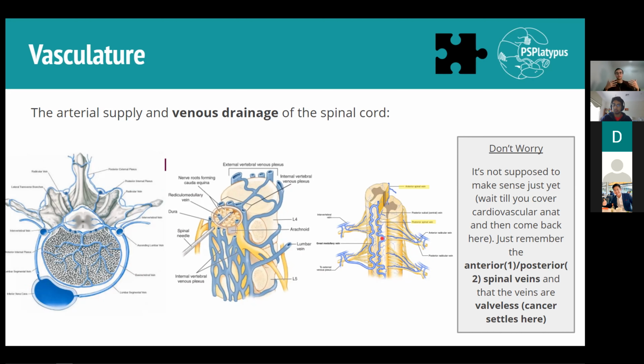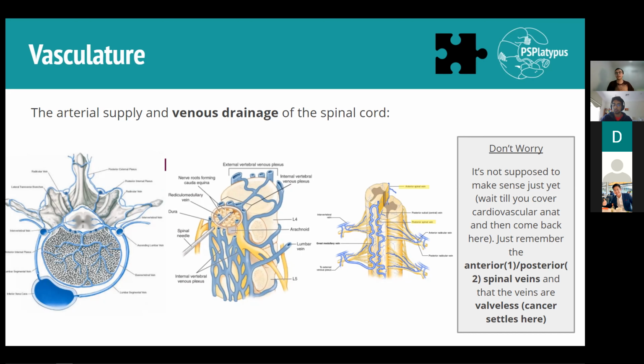That means the blood from left and right has equal pressure, so it's hard to decide whether it's going to go more to the left or more to the right. It's not like there's a net direction, so blood is slowed down there. That means there's a higher chance that metastasis, circulating cancer cells, can slow down there and deposit and then cause cancer in the back or the vertebral bones, right?